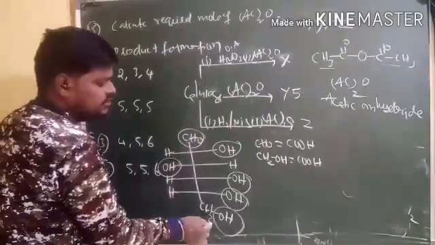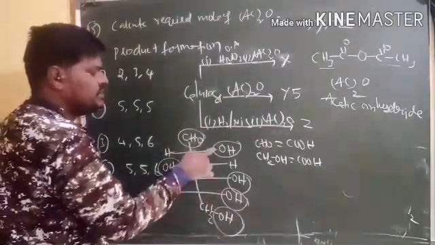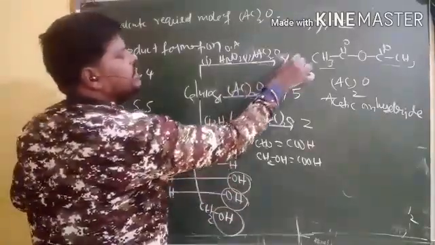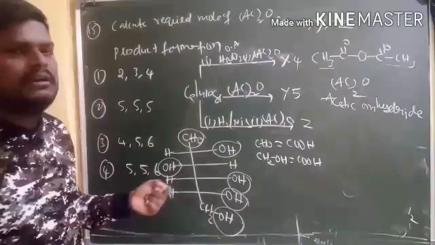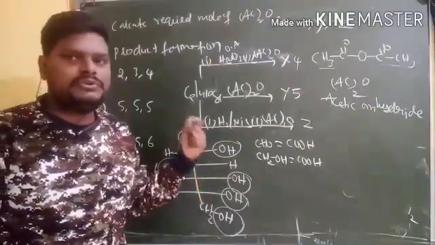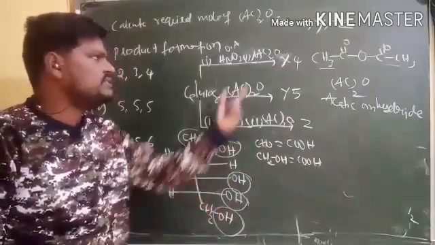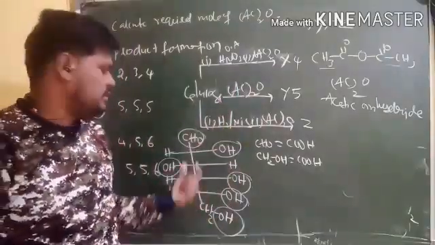So COOH and COOH. What are the left OH? 1, 2, 3, 4 only. So how many moles of Ac2O are required here? 4 moles are required. Why? Because I told you already Ac2O is used only to measure the number of OH. Here only 4 are there. That's why 4 moles of Ac2O are required.